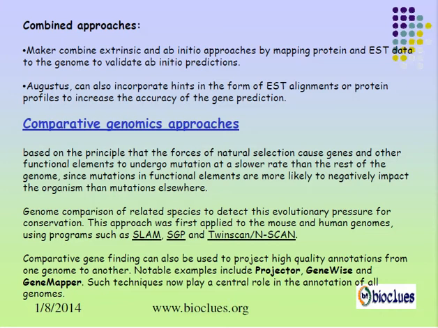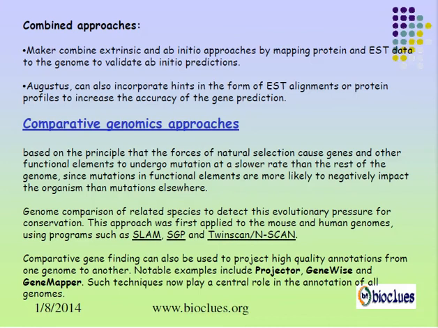Now next is the comparative genomic approach for gene prediction. This is based on the principle that the genes and the functional elements in a sequence in a biomolecule undergo mutation at a slower rate compared to the rest of the genome. Thereby, these sequences are more conserved. So, based upon genomic comparison between related species, it is easier to deduce the evolutionary pressure for conservation using comparative genomic approaches.